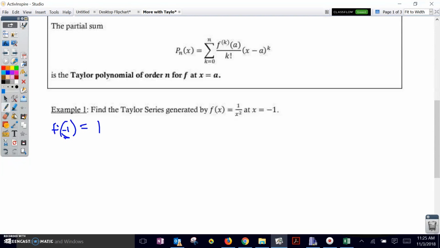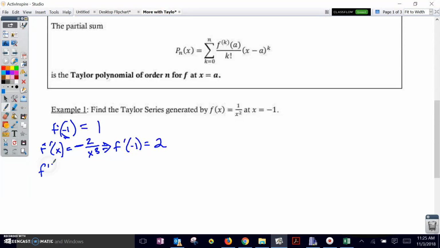And then I'm going to take the derivative of f, which is going to be negative 2 over x to the third, and I evaluate that at negative 1, and we get that f prime of negative 1 is equal to negative 2 over negative 1, which is positive 2.